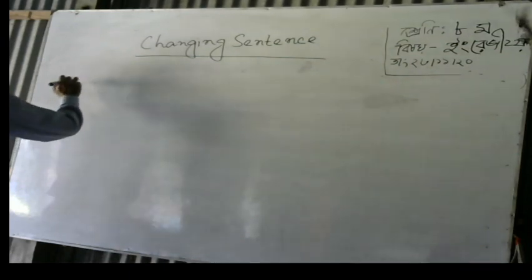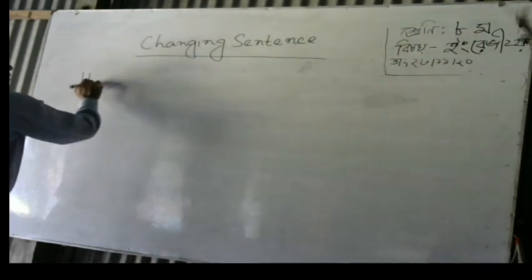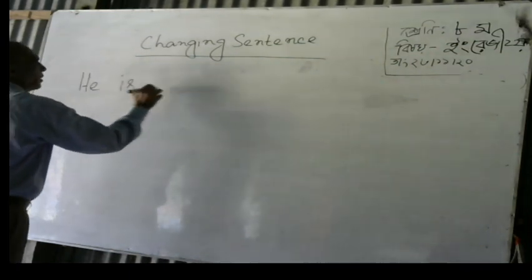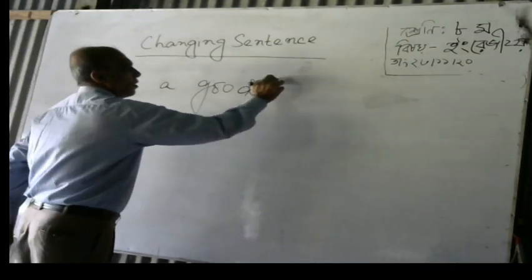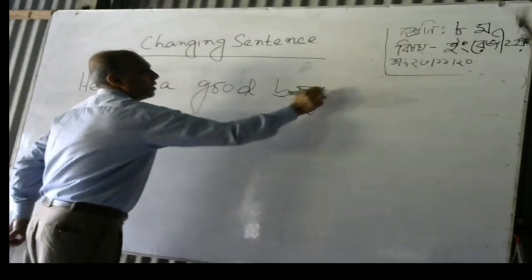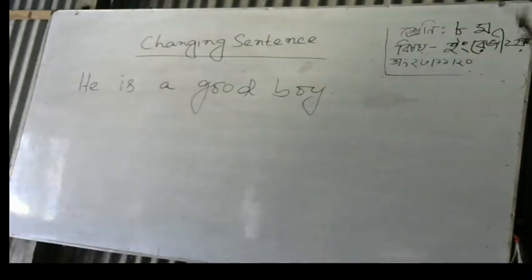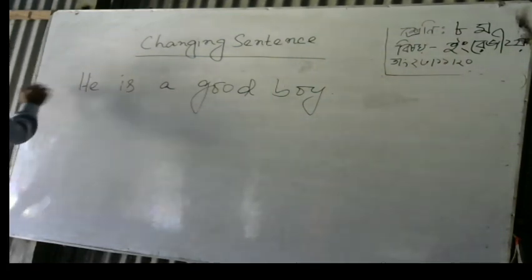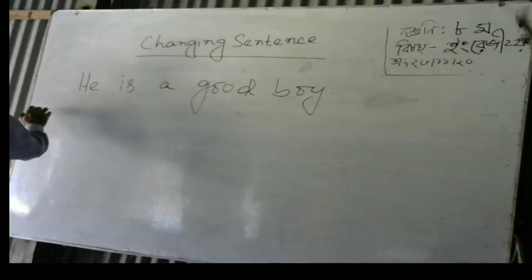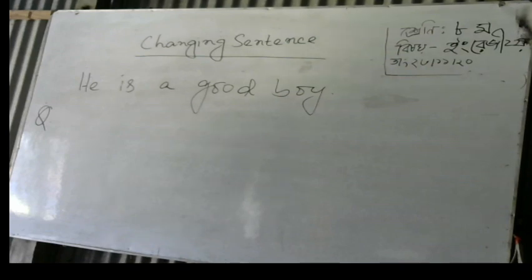Suppose, he is a good boy. He is a good boy. This is an affirmative sentence, or you can say this is the affirmative form of assertive sentence. If I make a question, what will I write down?